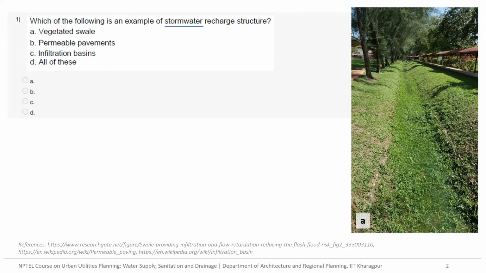So, vegetated swale is a structure which looks something like this. It might have a pipe draining the water that is collected in this depression that we see. It is vegetated and sort of controls runoff or the flow of water, therefore enabling the drainage of water into the ground.